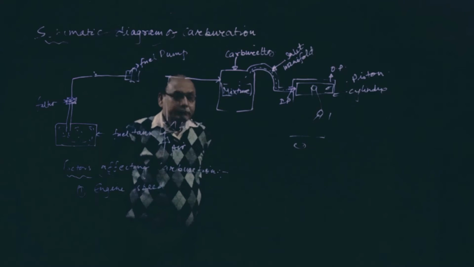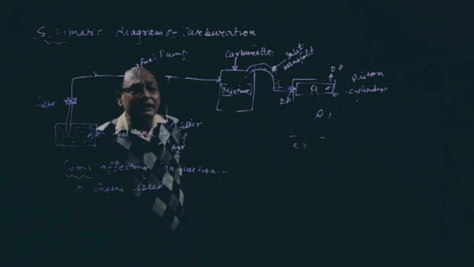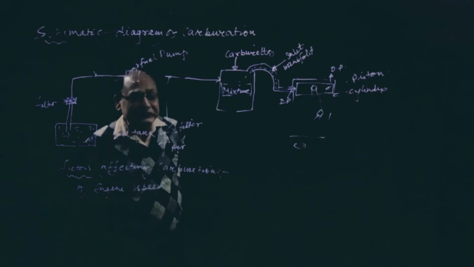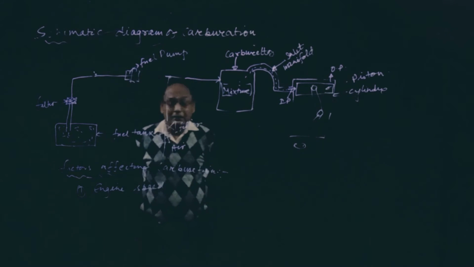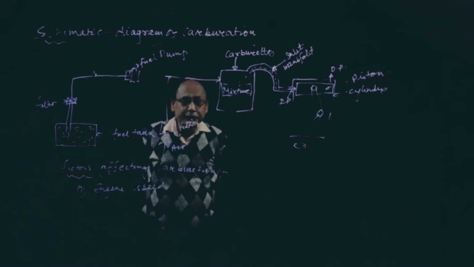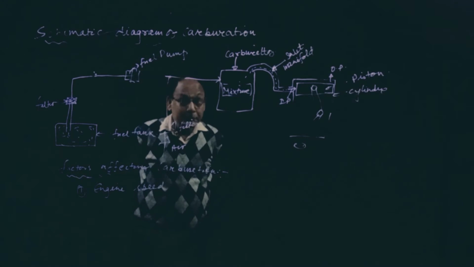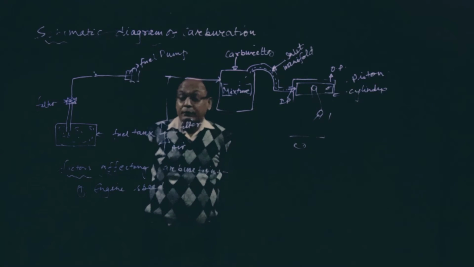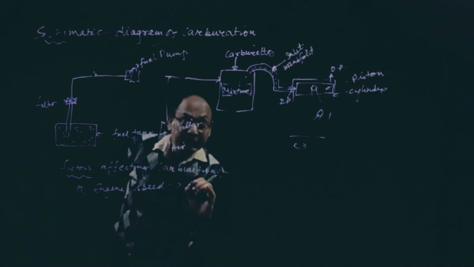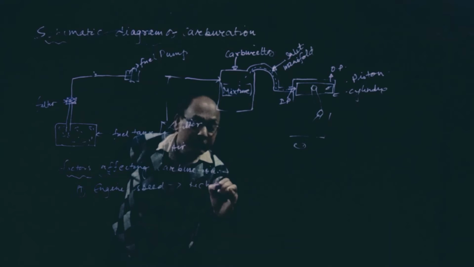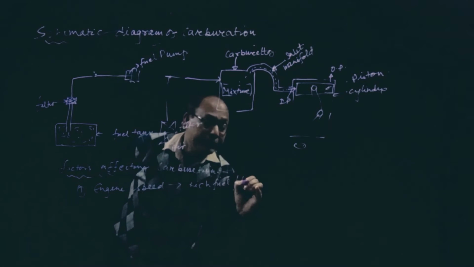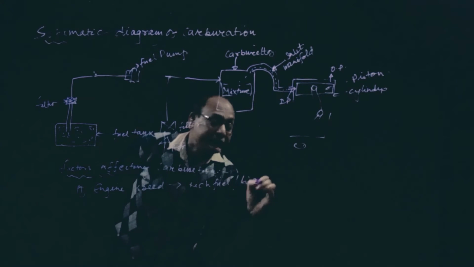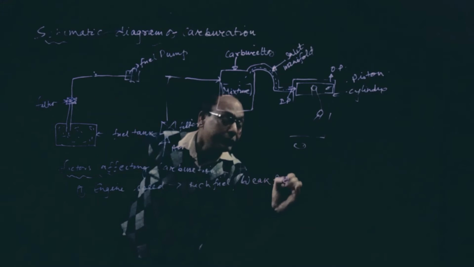And also it is called weak mixture. And where you want to speed up your engine, then you need more fuel ratio. That is called rich fuel. So that is rich fuel and lean fuel, that is weak fuel ratio also.